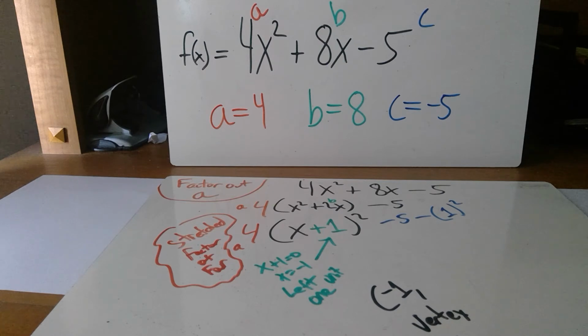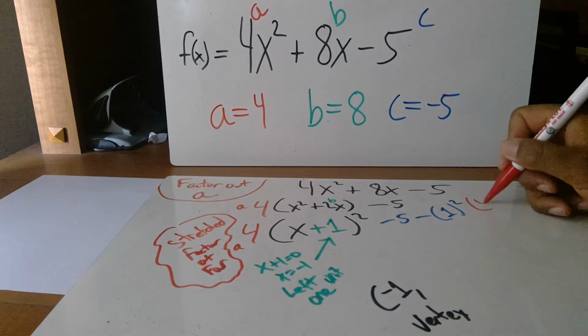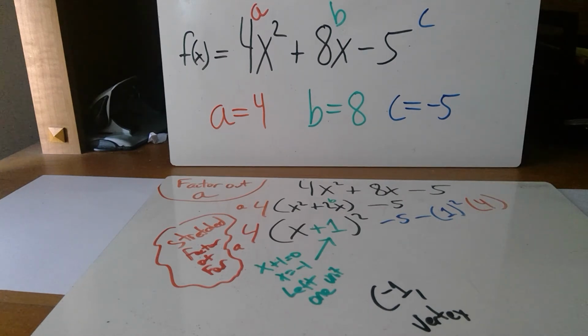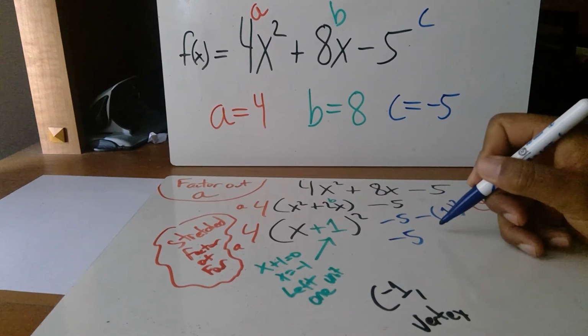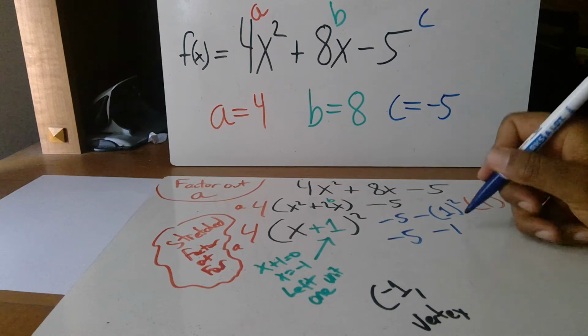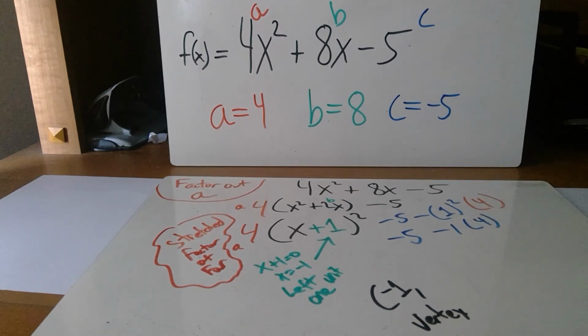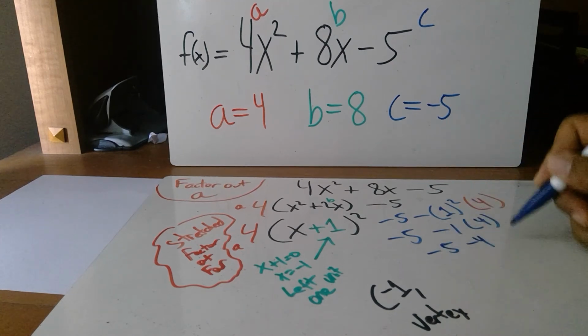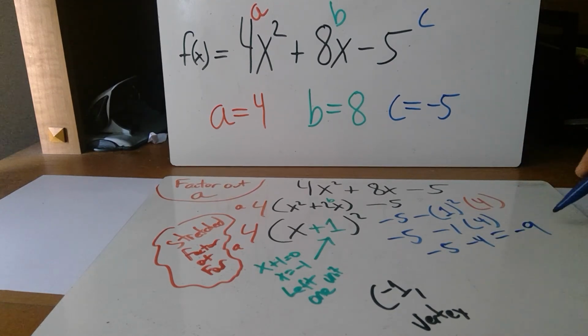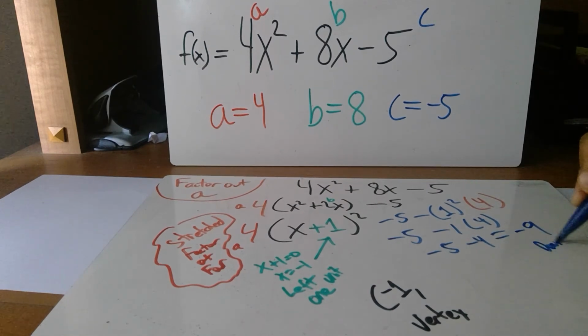But it was stretched by 4, so I must multiply that times 4, which is A. So we end up with -5 minus 1 times 4, which is -5 minus 4, which turns out to be -9. Which means we're going down 9 units.